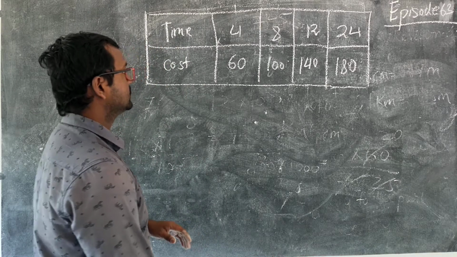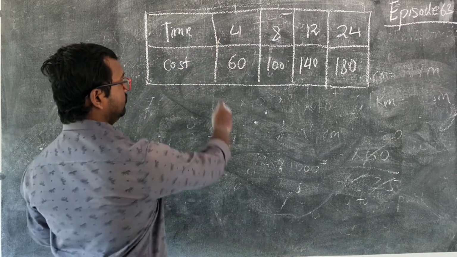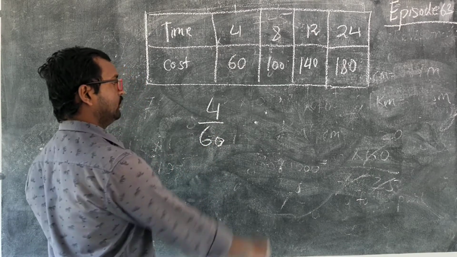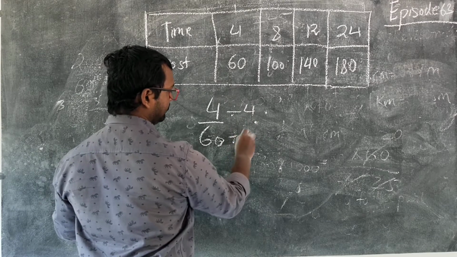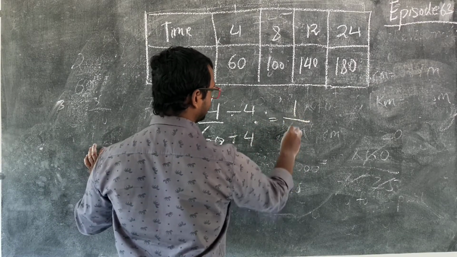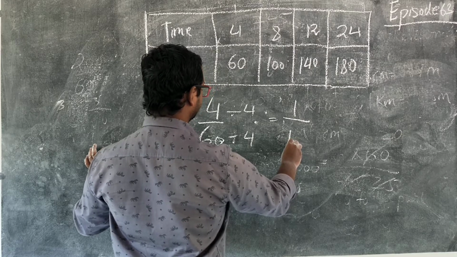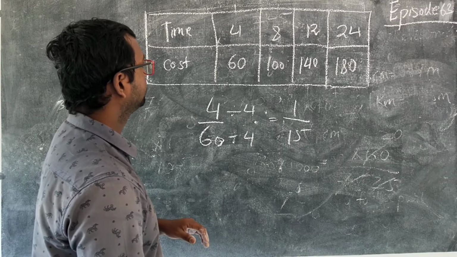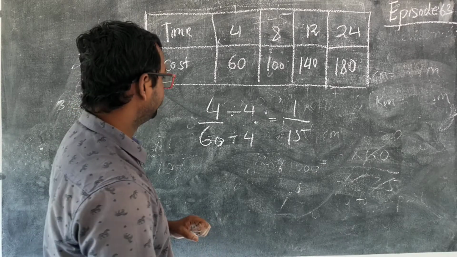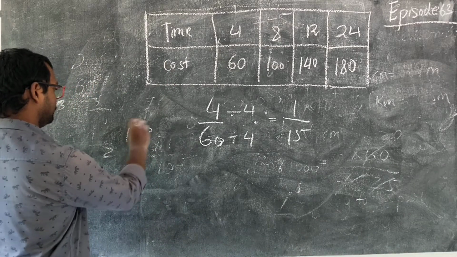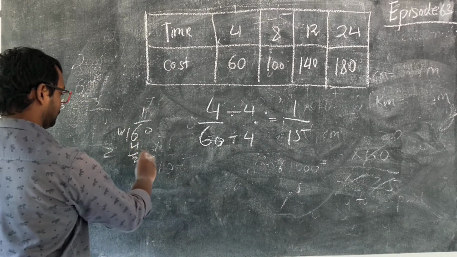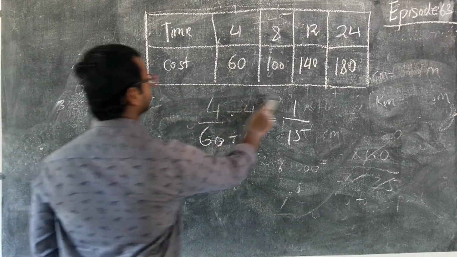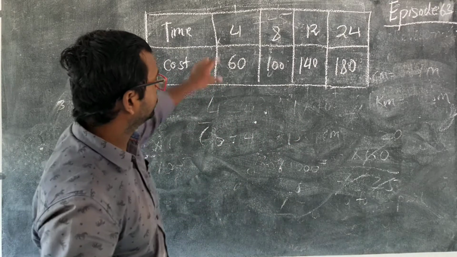Okay. So what we will do is, let's take these two values first. 4 by 60. Let's divide by 4. We will get 1 by 15.